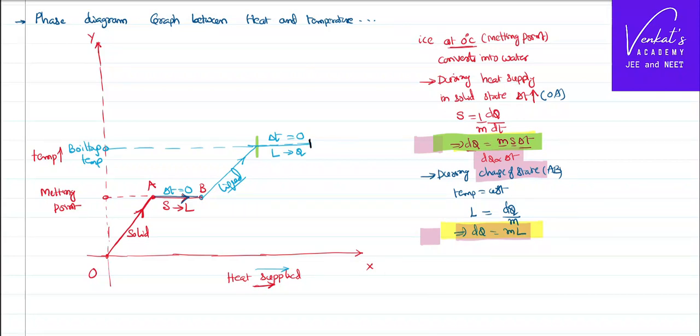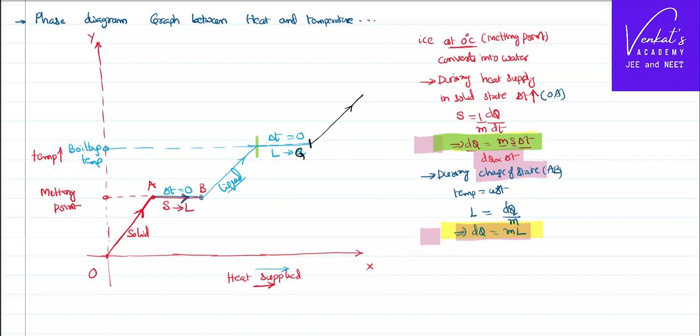Once the liquid to gas conversion is over, this gas, with the supply of heat energy, again increases in temperature. So there are different phases involved. That's why this graph is called a phase diagram.